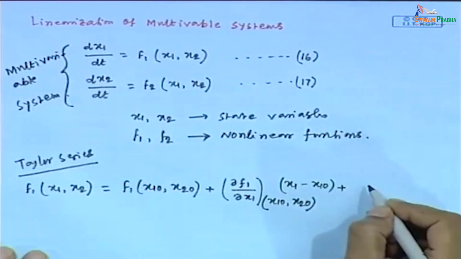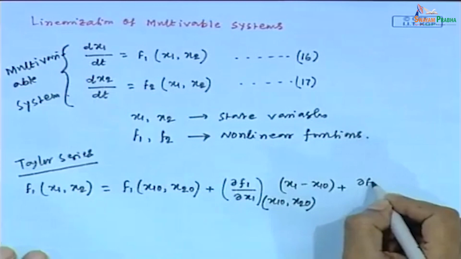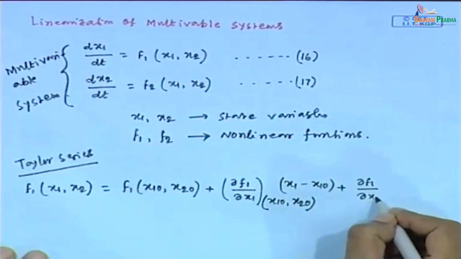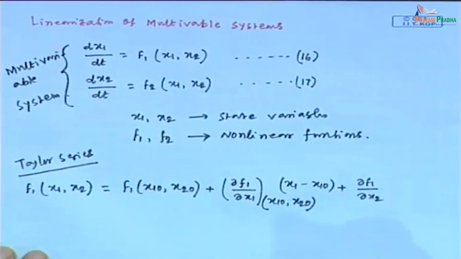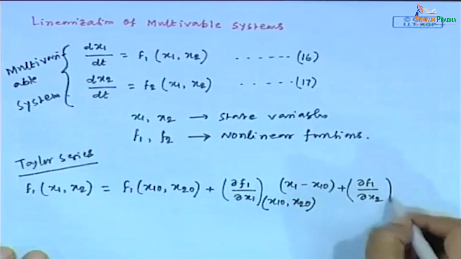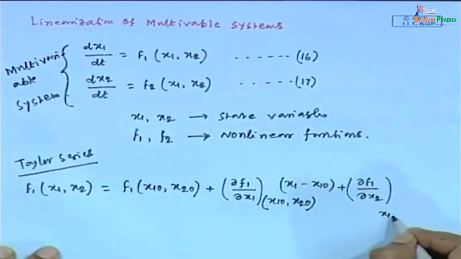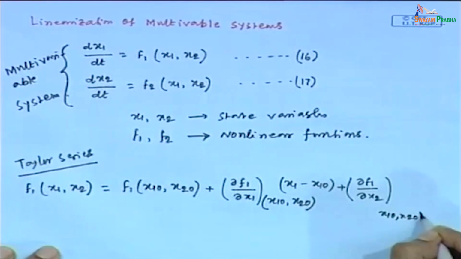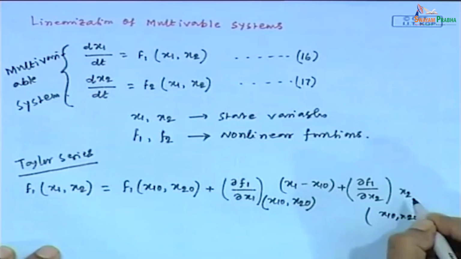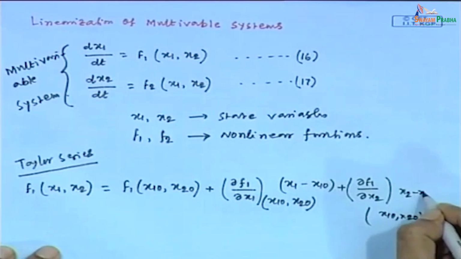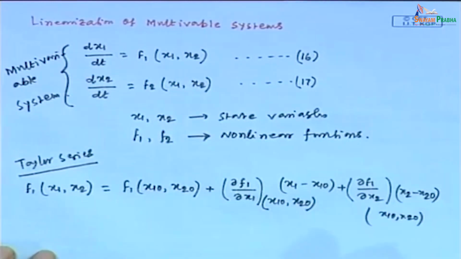In the next step, we differentiate with respect to the second state variable, x2, at x1 naught, x2 naught, multiplied by x2 minus x2 naught.